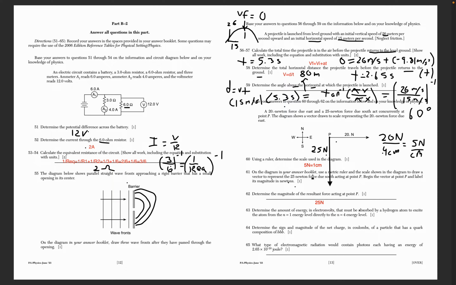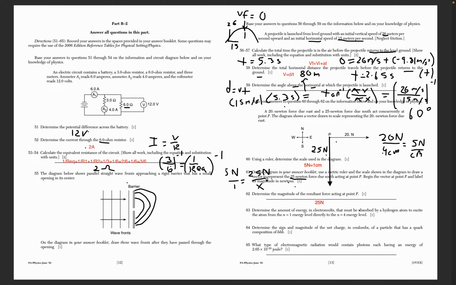And then on the diagram in your answer booklet, use a metric ruler to draw a vector to represent a 25 Newton force. If we have 5 newtons equals 1 centimeter, 25 newtons is equal to how many centimeters? You could do a proportion. 5 newtons over 1 is equal to 25 newtons over x.